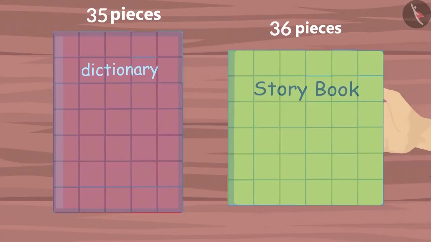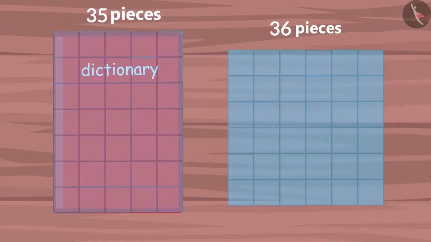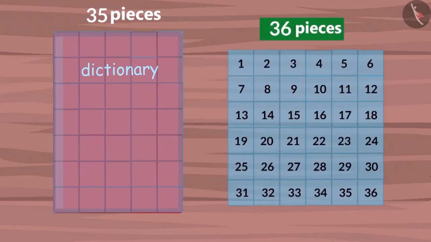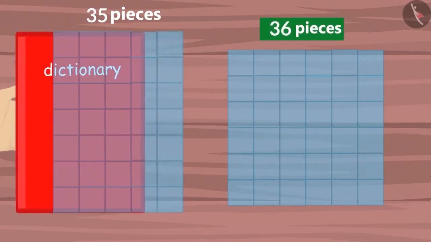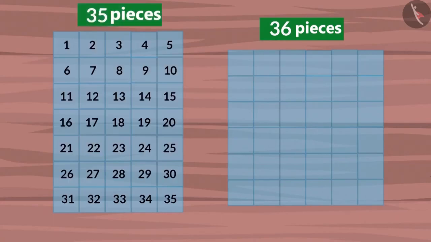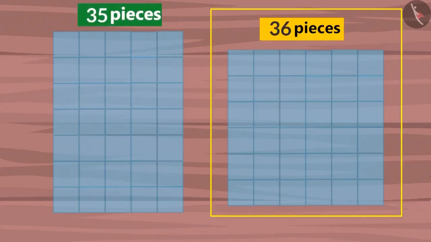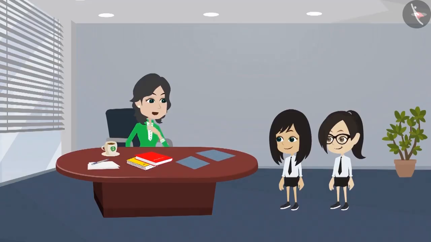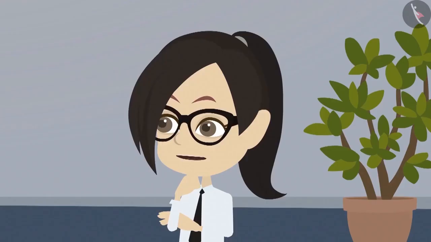Yes, because Neha's book will occupy as much space as 36 pieces, and your book will occupy as much space as 35 pieces. This means that Neha's book occupies more space than your book. That means Neha's book is bigger.